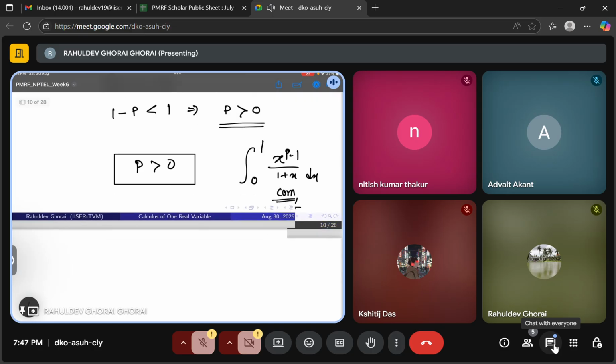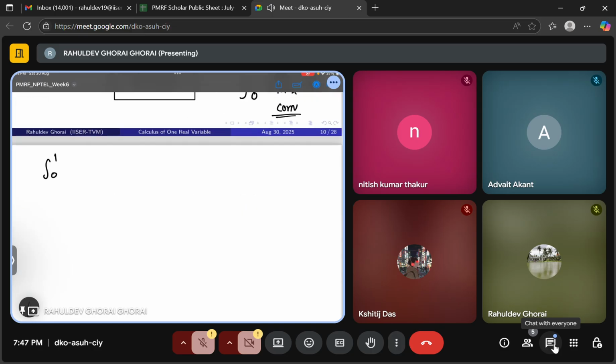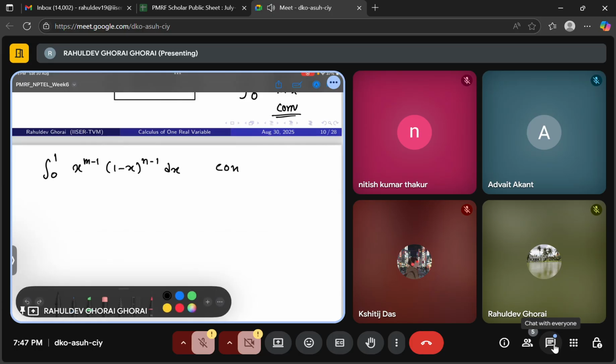Using the comparison principle, you can show that the integral from 0 to 1 of x to the power m minus 1 times 1 minus x to the power n minus 1 dx is convergent if and only if m greater than 0 and n greater than 0. This is a special kind of function. Later you will realize, or later you will read also.